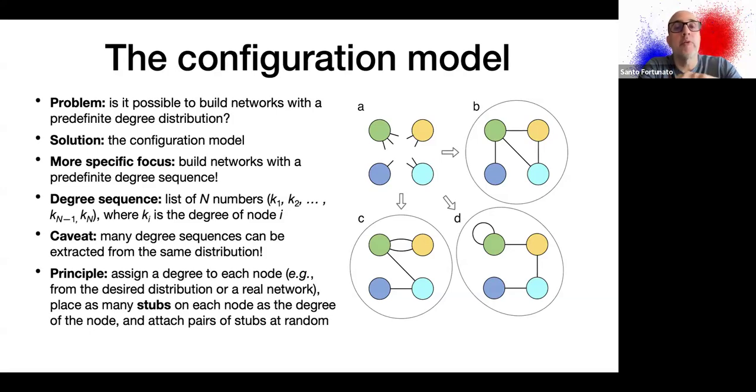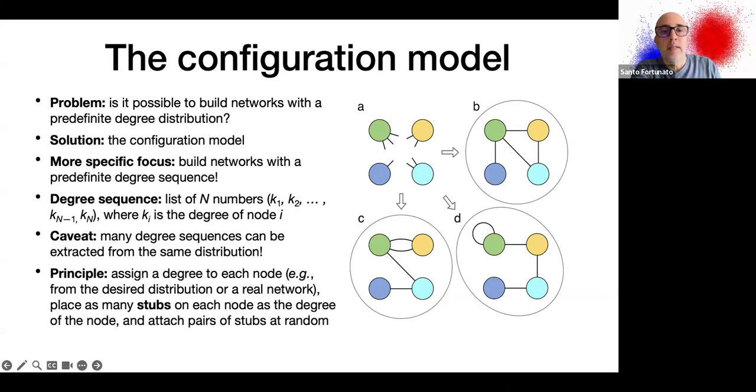So in all networks generated by the model, each node will have a predefined degree. Like in this case, you have these 4 nodes. The green node will always have 3 neighbors in any configuration. The yellow nodes will have 2, the blue nodes will have 2, and the deep blue nodes will have 1. I just give you a simple caveat.